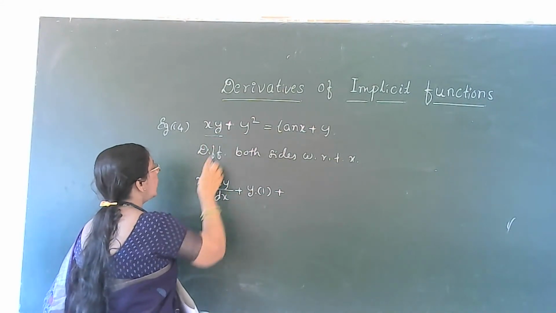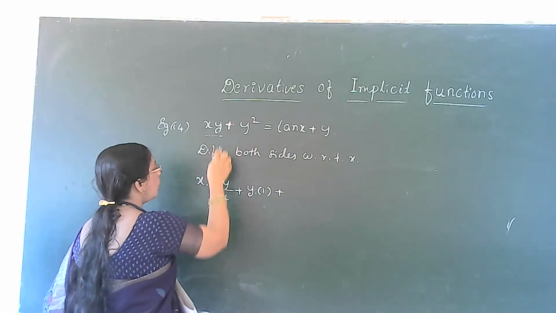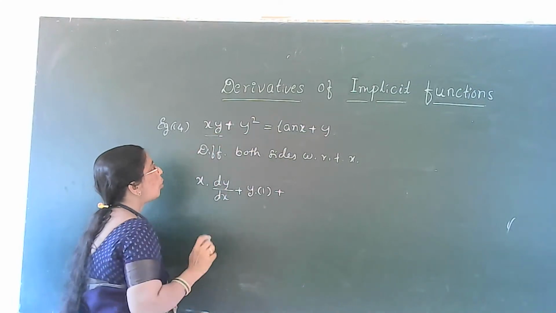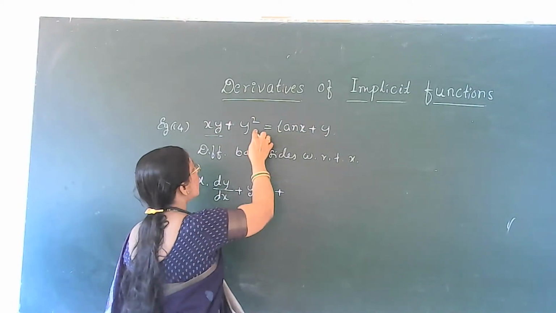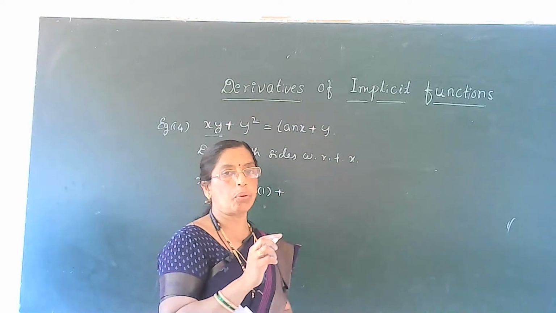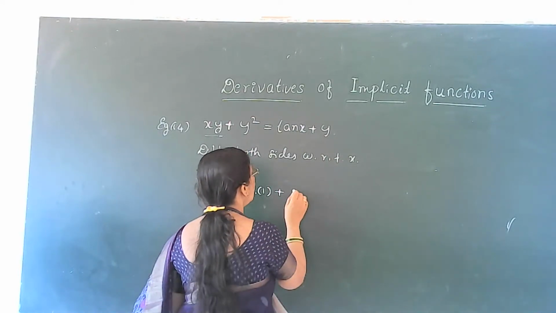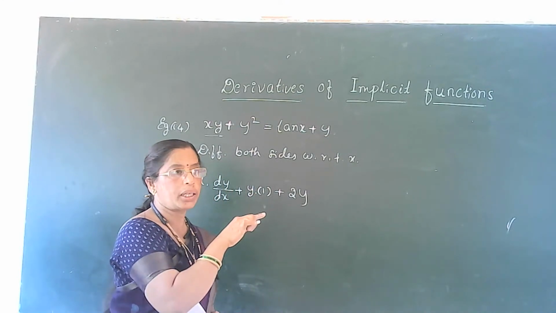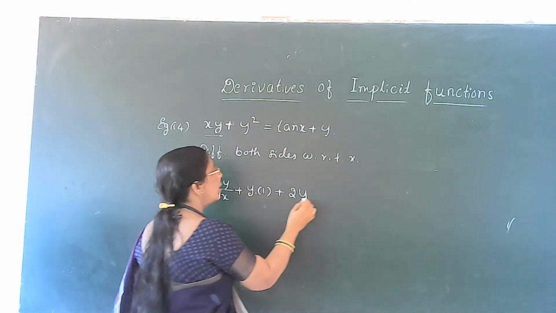plus here two derivatives for xy because it's the uv rule. U is x, v is y, therefore x into derivative of v is dy by dx, then plus y into derivative of x is 1. Plus y square, derivative of y square is 2 into y to the power 2 minus 1, that is 2y.